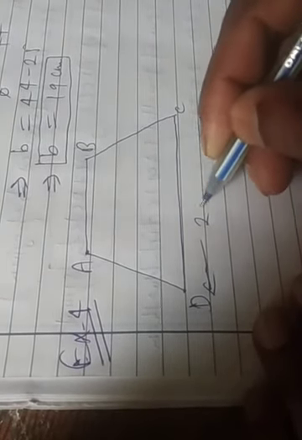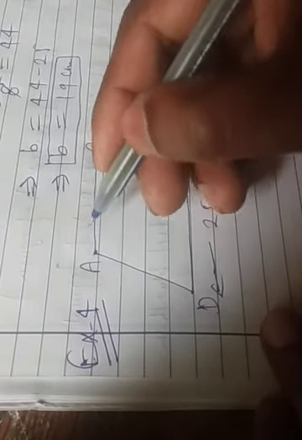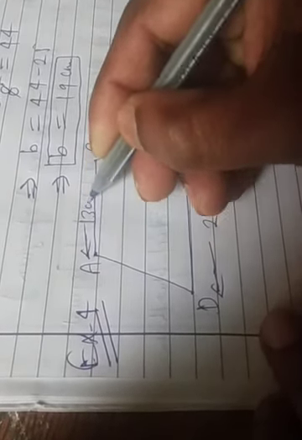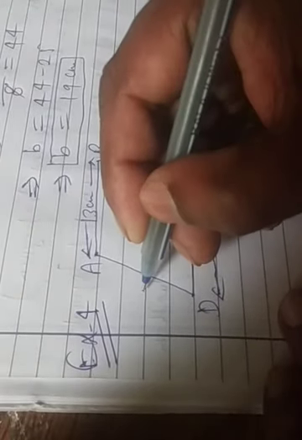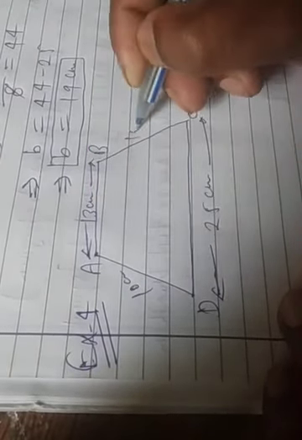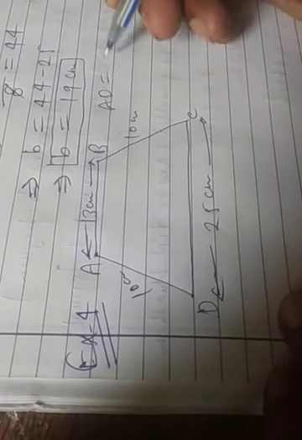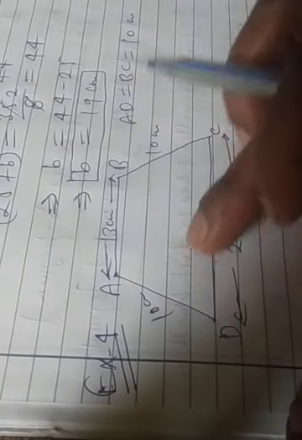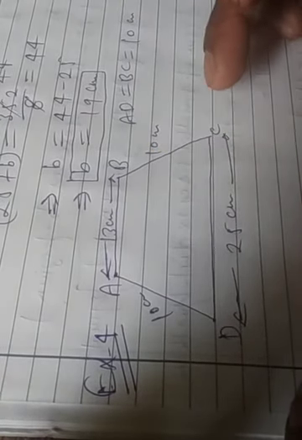This side will be 25 centimeter and the upper side will be 13 centimeter. It is also given that non-parallel sides are equal and both are 10 centimeter. AD is equal to BC is equal to 10 centimeter. It means this trapezium is an isosceles trapezium, and we have to find out its area.